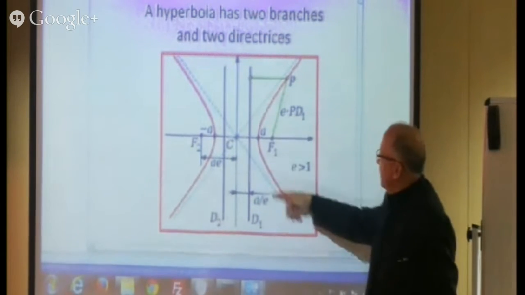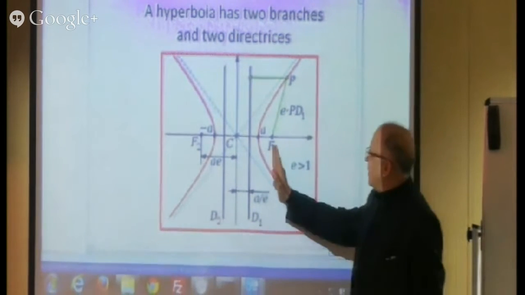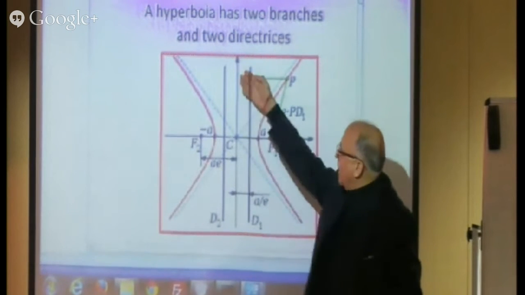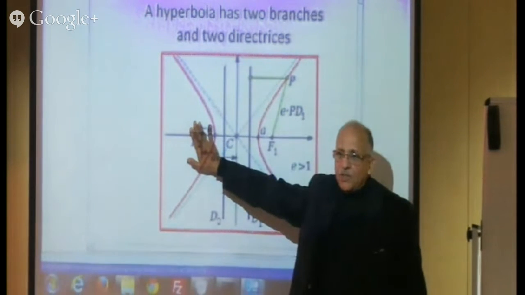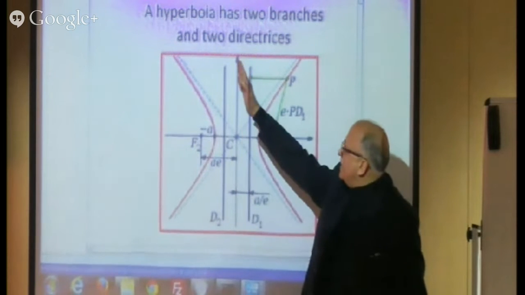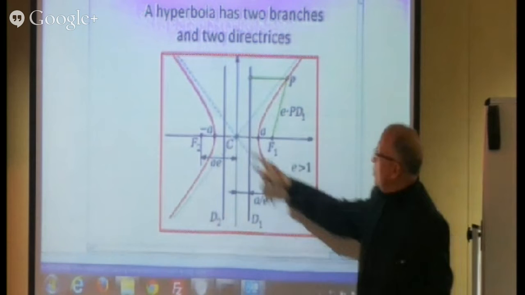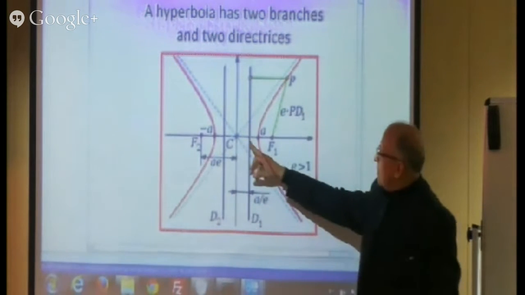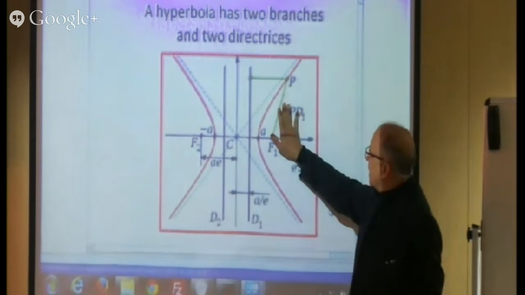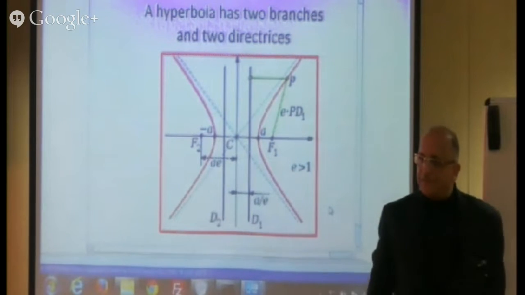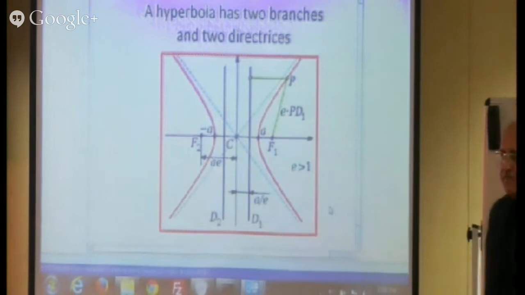One branch is here. If you take the reflection of this particular branch in this y-axis, you will get this branch. So if we regard this as a mirror and this is one branch of the hyperbola, you get the other branch. So we say that this branch is exactly as this, they are reflections of each other. This must be noted.